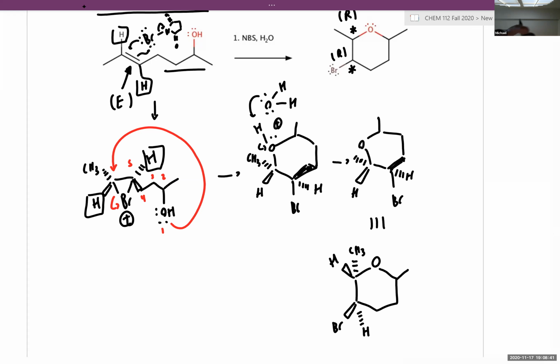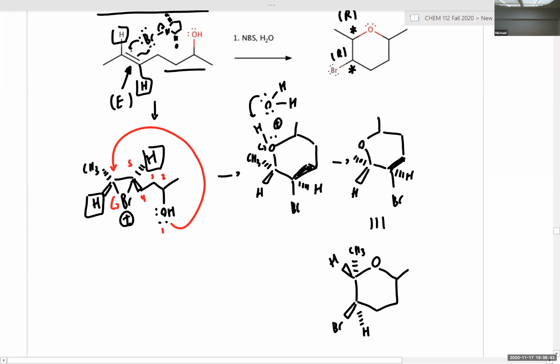Let's just look at our stereochemistry for a moment.